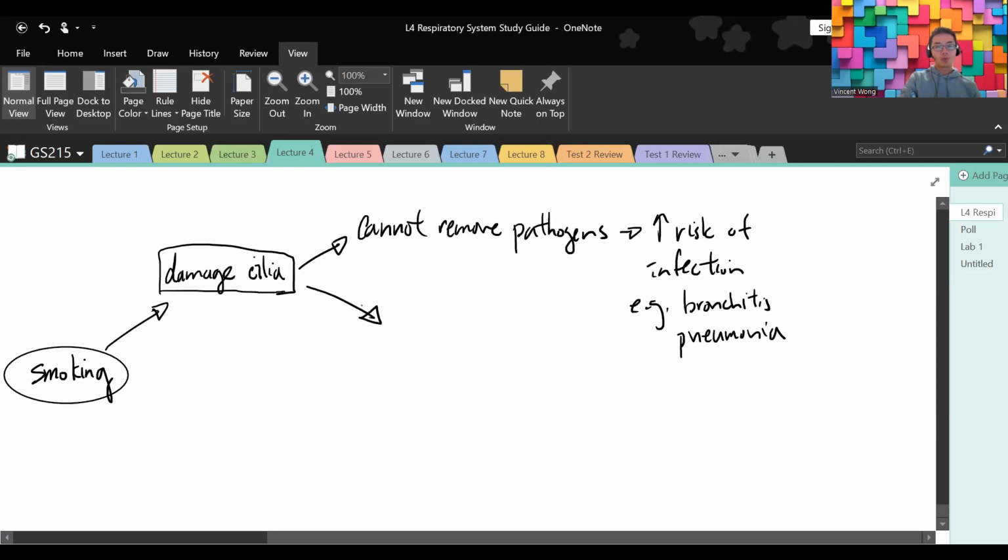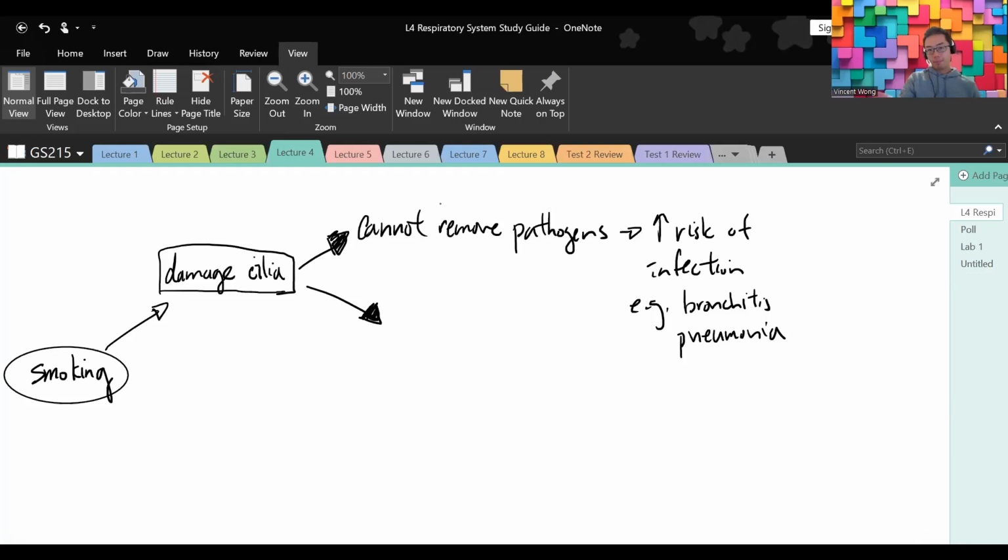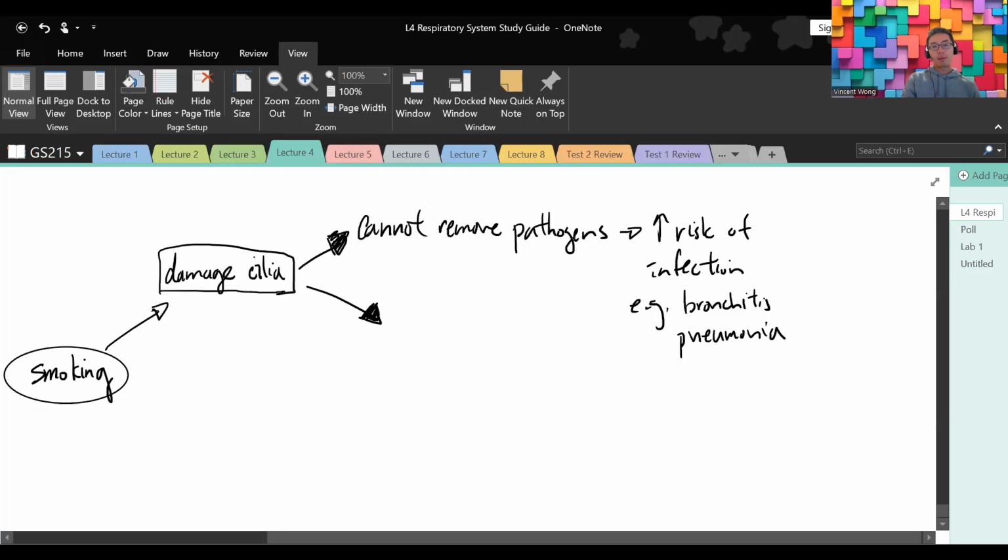What else can you not remove other than pathogens? Secretions. Mucus. Yeah. So all that mucus, all that yucky stuff is going to stay there, with possibly the pathogens trapped, and there's no way to remove the mucus.